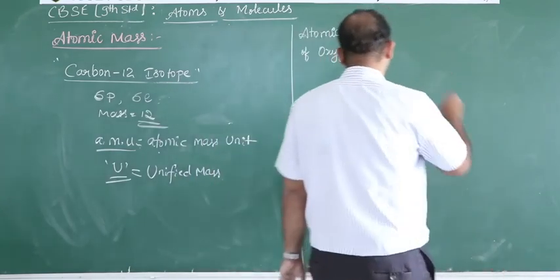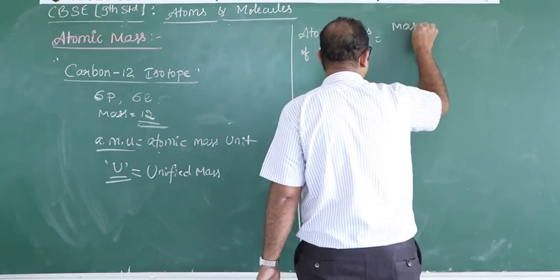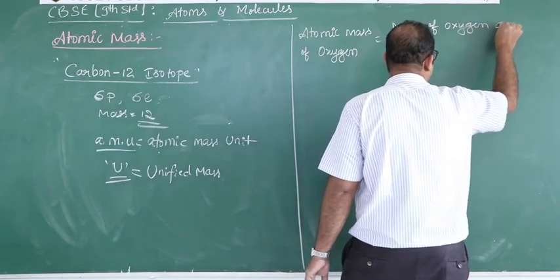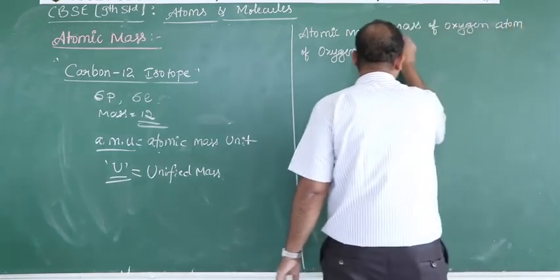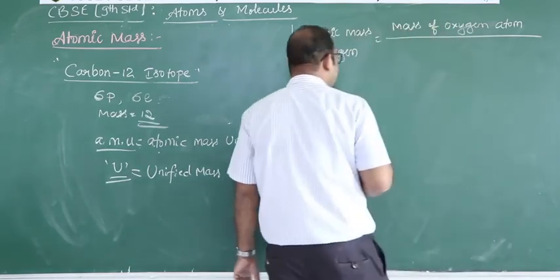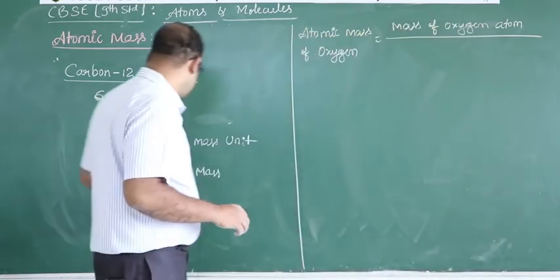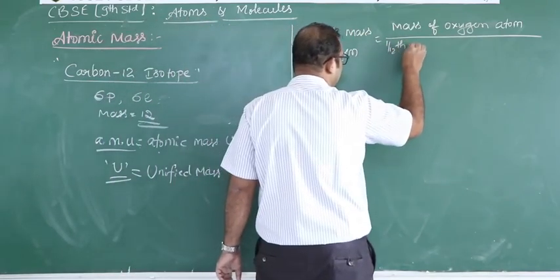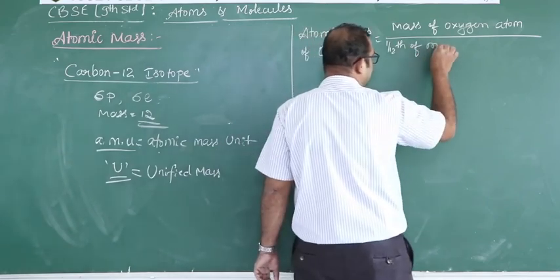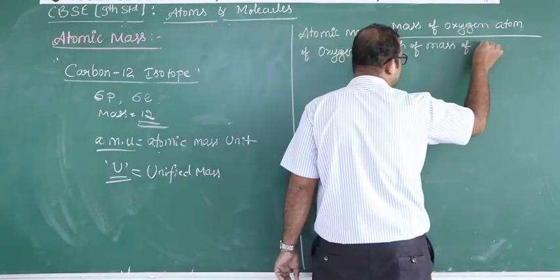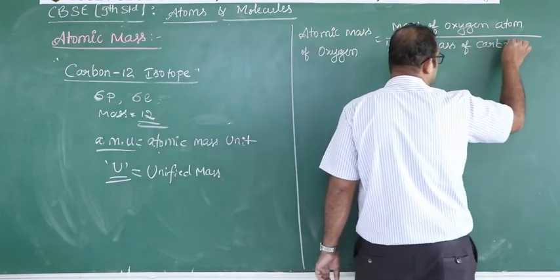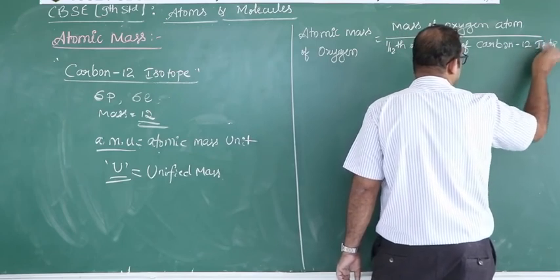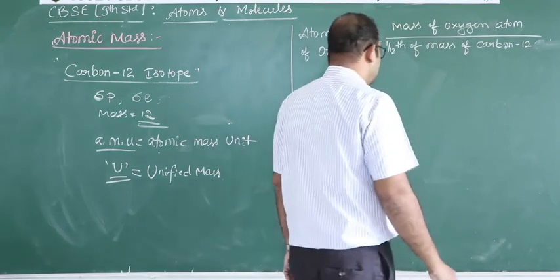Here we have to calculate the mass of an oxygen atom and compare it with 1/12 of the mass of the carbon-12 isotope.